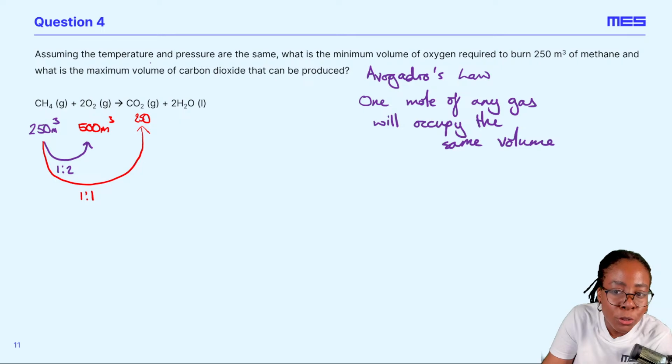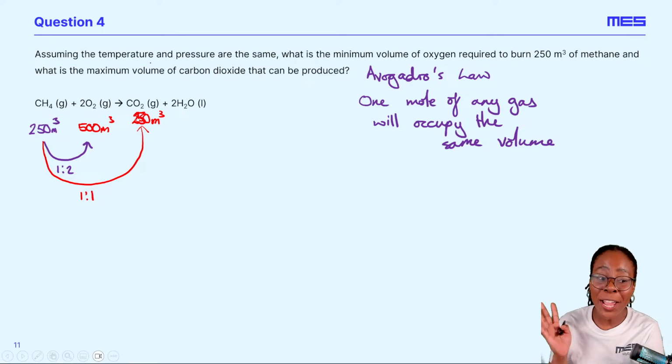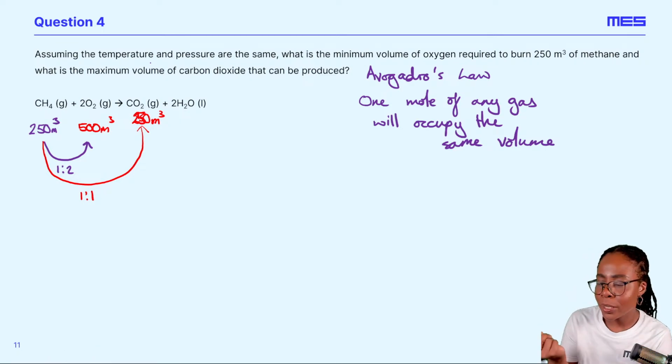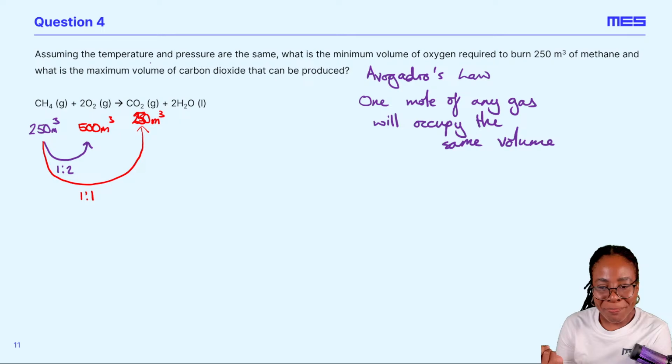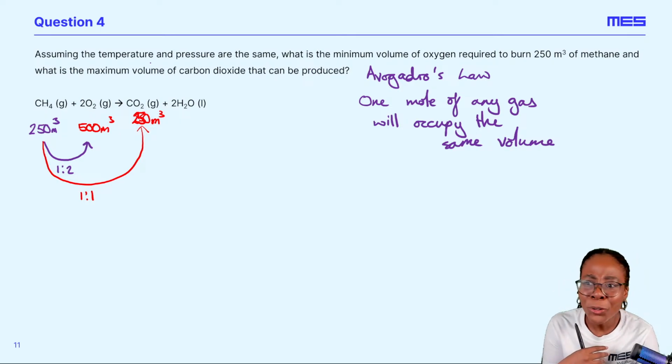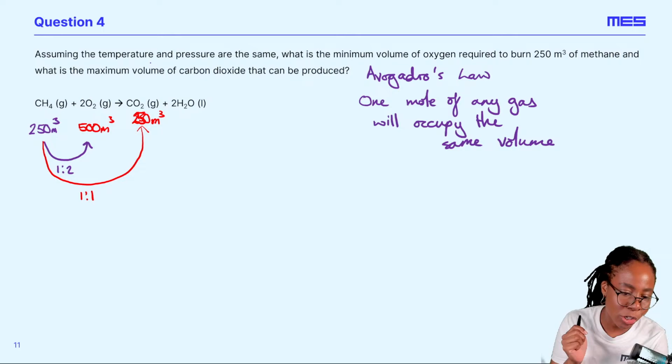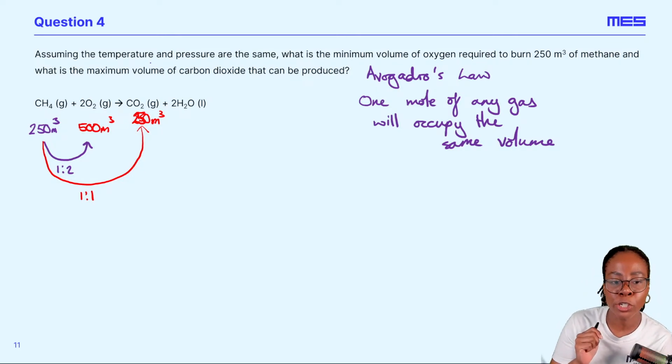Units are important. The units just stay the same, but we should include them. Wonderful. Nice and straightforward. So don't forget your molar ratios also work as volume ratios if we're dealing with gases at the same temperature and pressure.